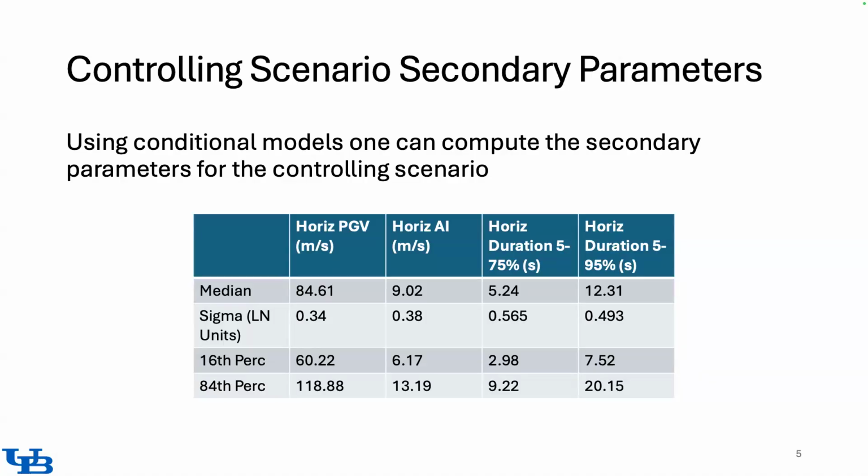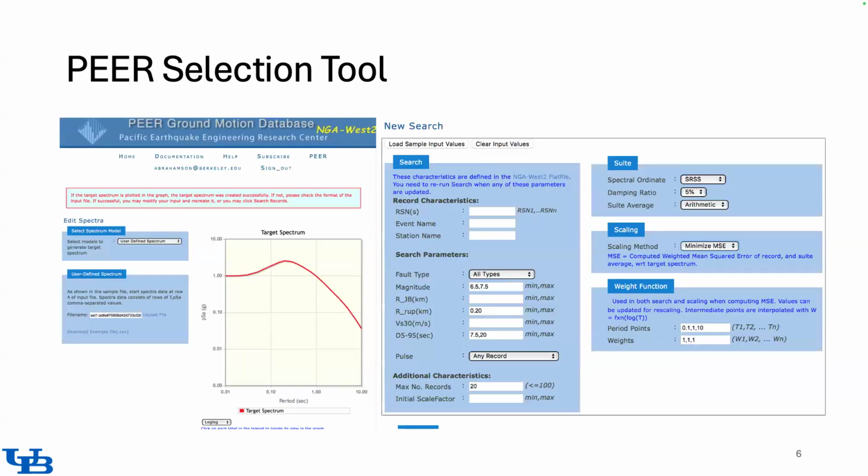So we have the median value, we have the standard deviation, so we also know a range for the peak ground velocity given the scenario of interest, the durations and so on. So there are different databases where you can search for time histories to run your analysis. And the biggest one for engineering applications is the PEER database.